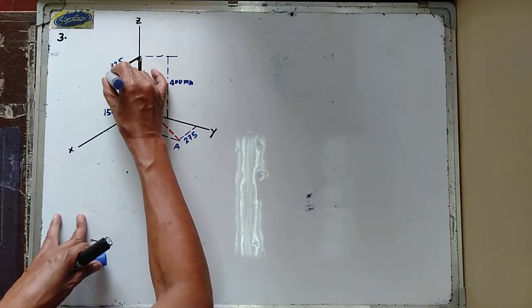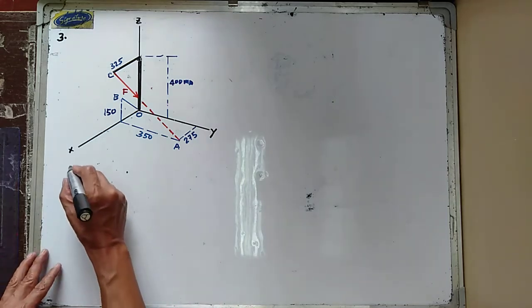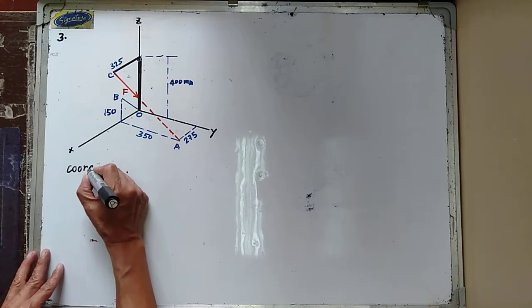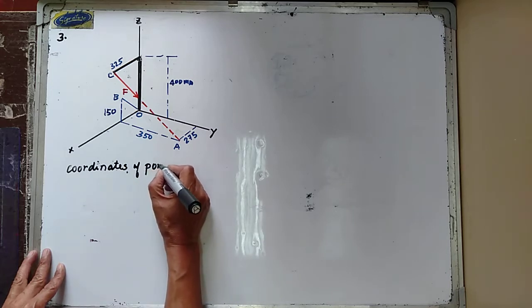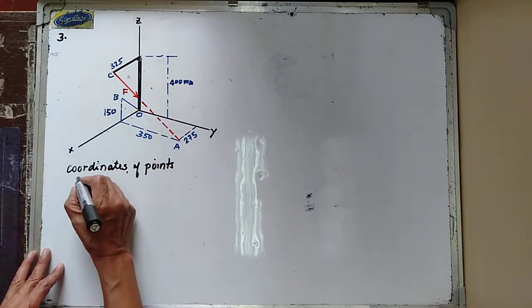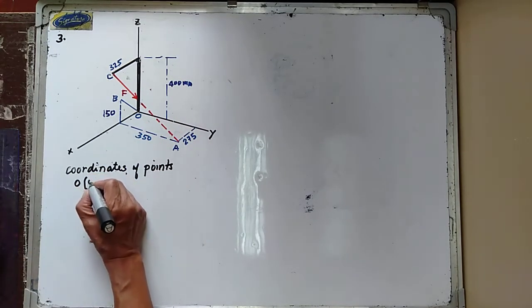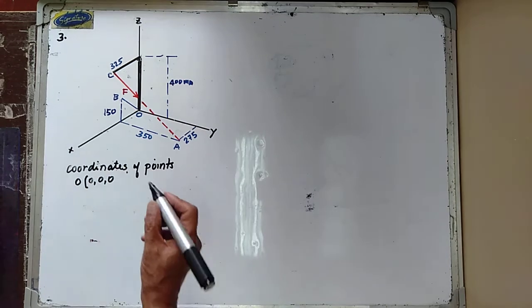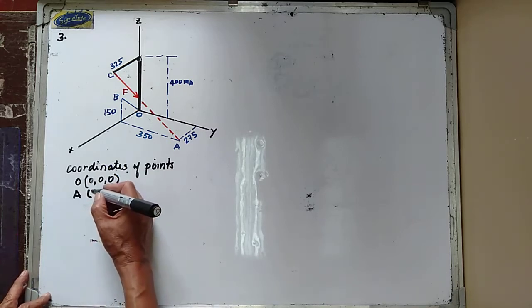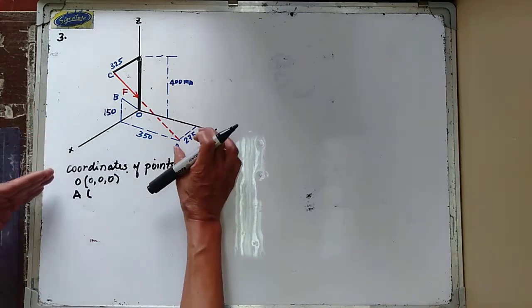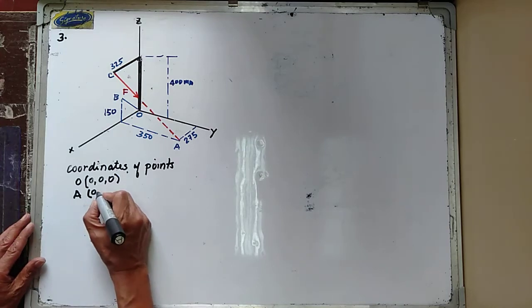And then we now have your point C. Now, the coordinates of points: start with point O, which is the origin of the coordinate system. So we have 0, 0, and 0. Now, for point A, the coordinate in the x-axis is 275 mm, or that is 0.275 meter.